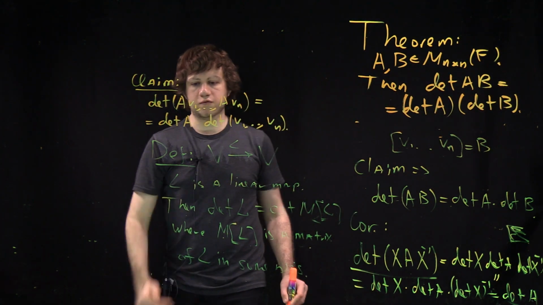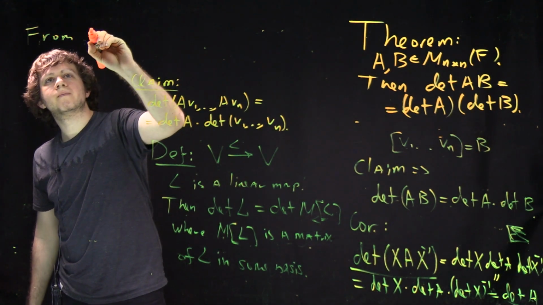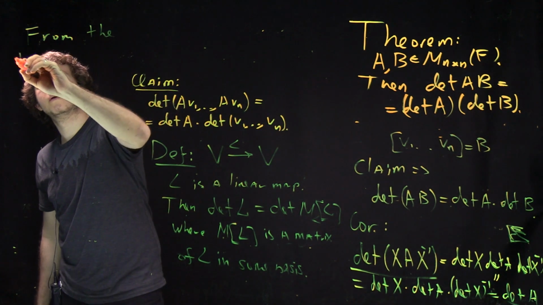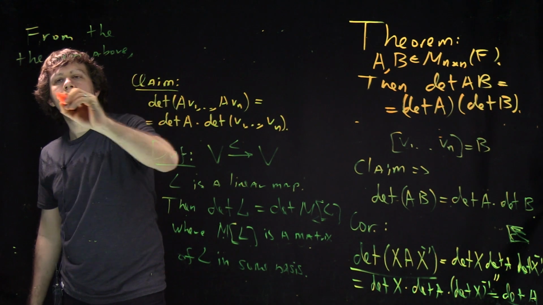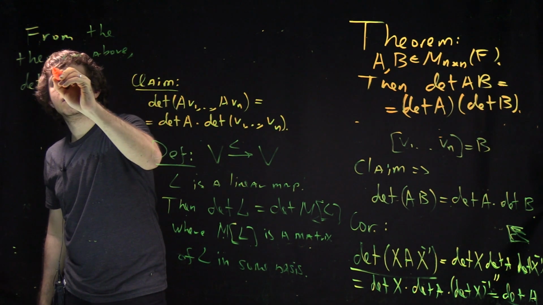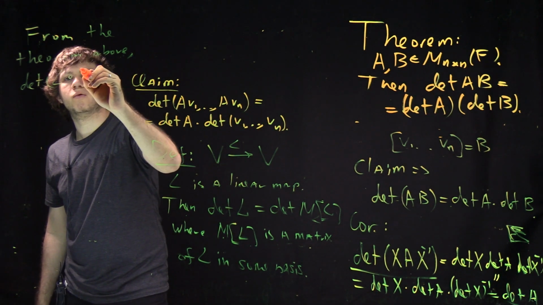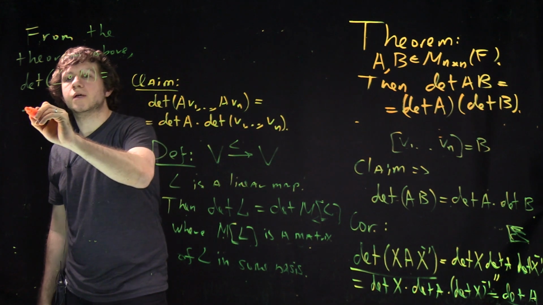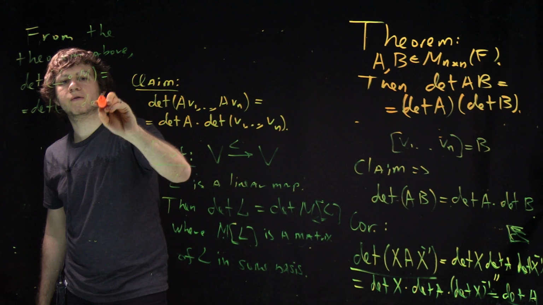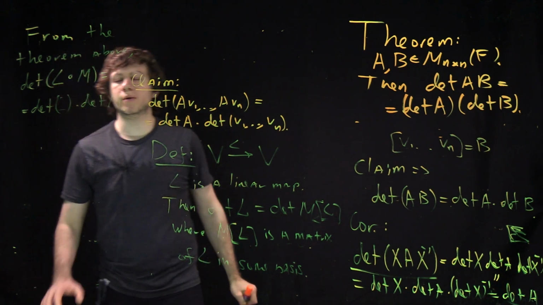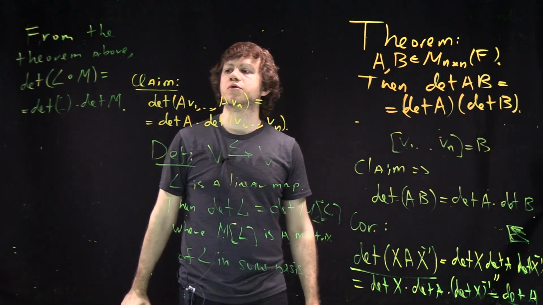And then, of course, from the theorem above, the determinant of L composed with M equals the determinant of L times the determinant of M. So the determinant of a composition of two linear maps is a product of determinants.